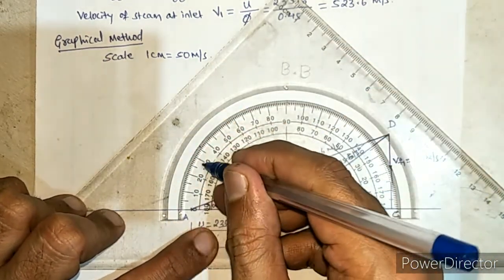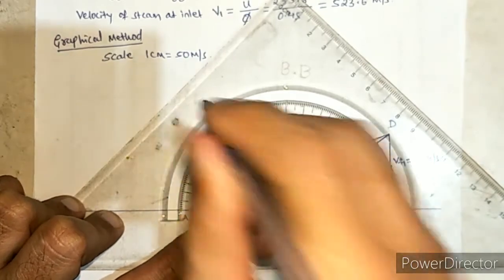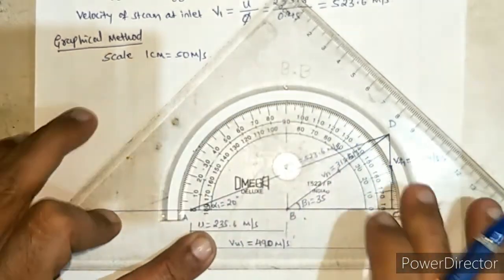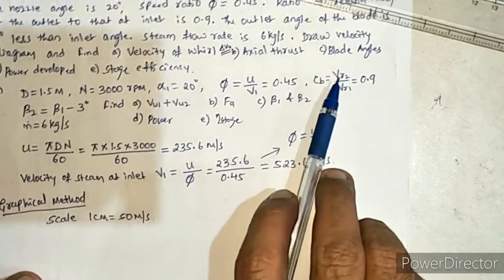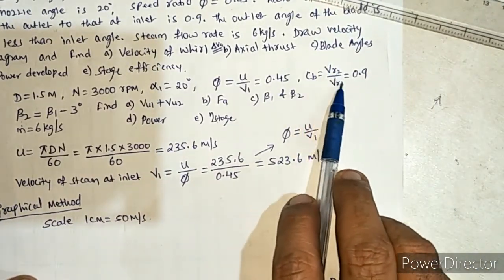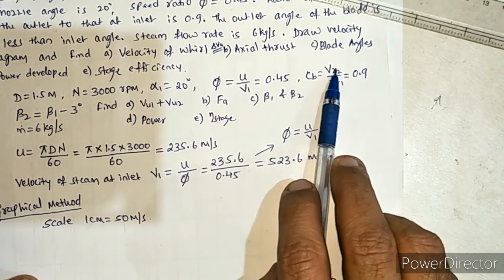So 10, 20, 30, 32. Okay, so 32 degree, right? And it is also clearly mentioned that CB is equal to VR2 by VR1, so you have to multiply it in order to get this VR2.